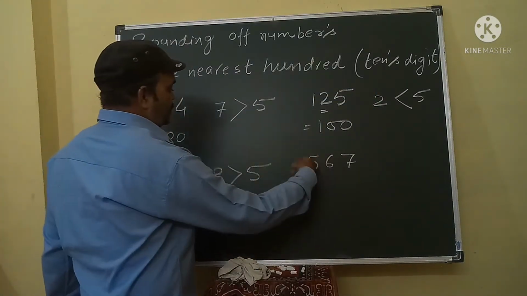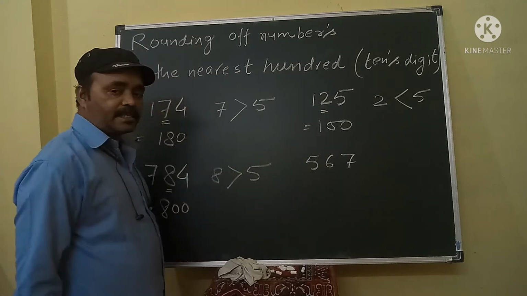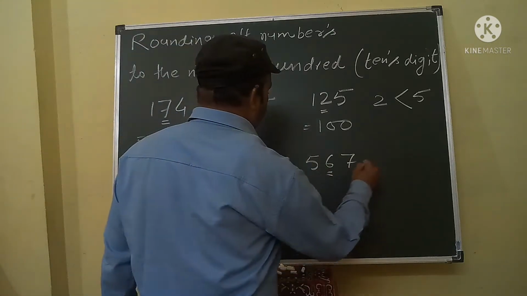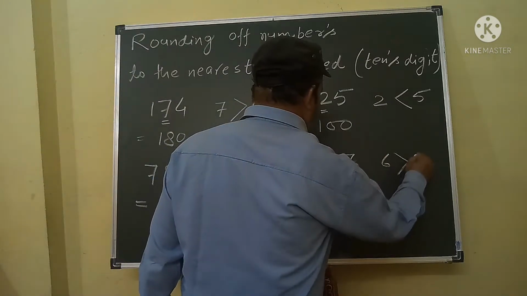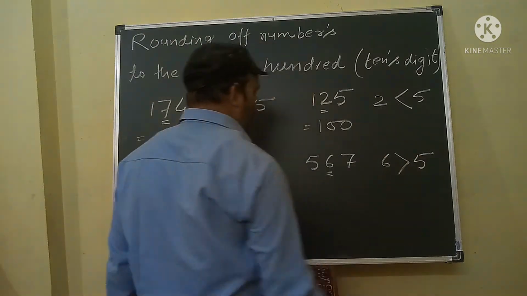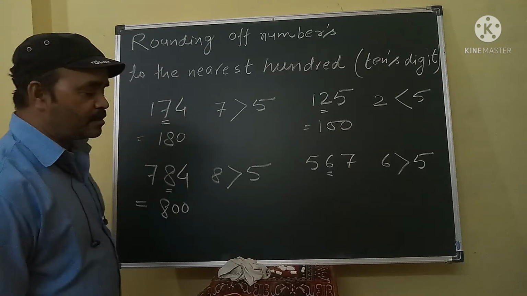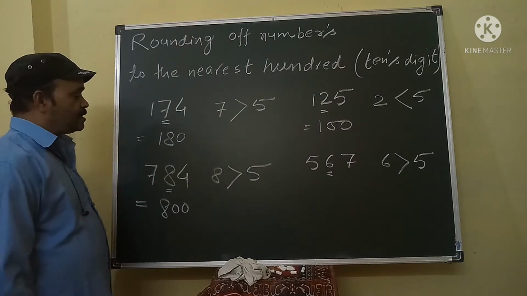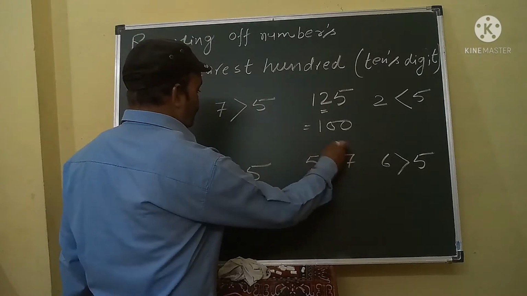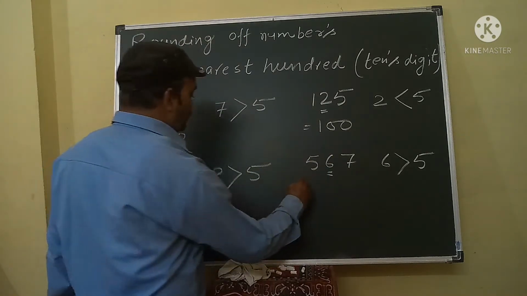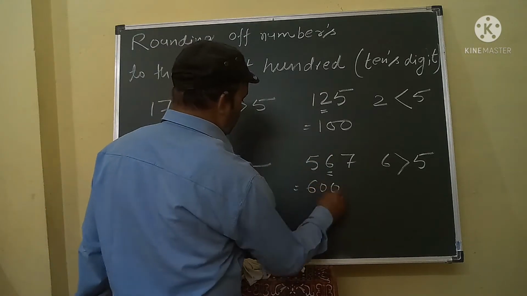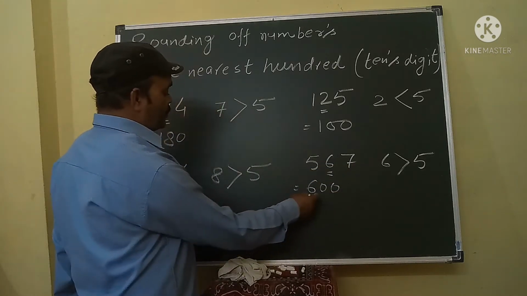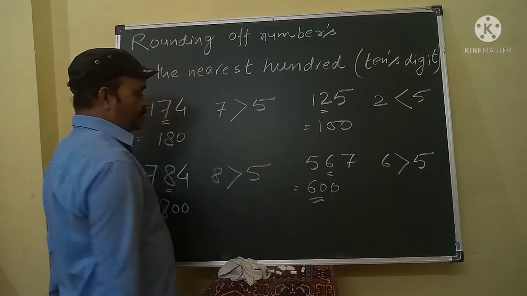In 567, the tens digit value is 6, and 6 is more than 5. So, in that condition, rounding of 567 will be 600.